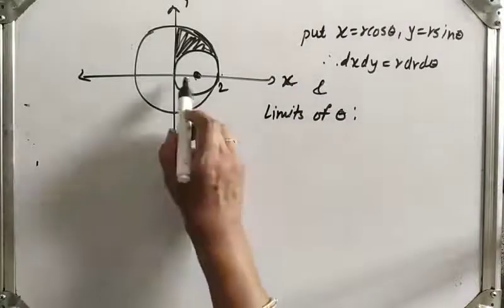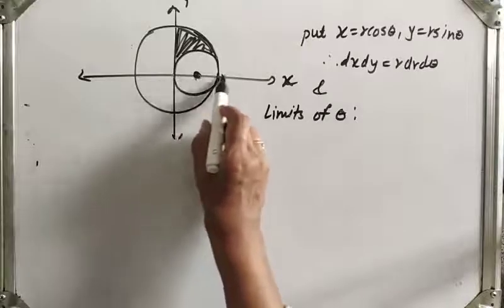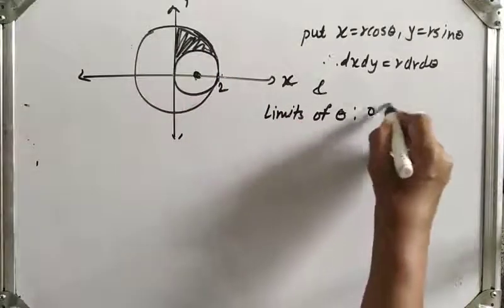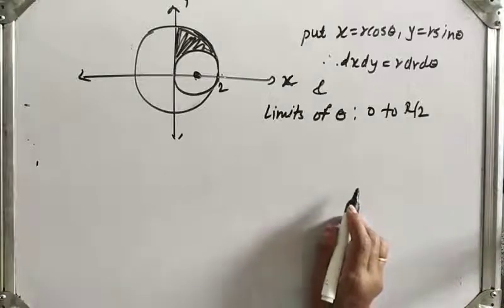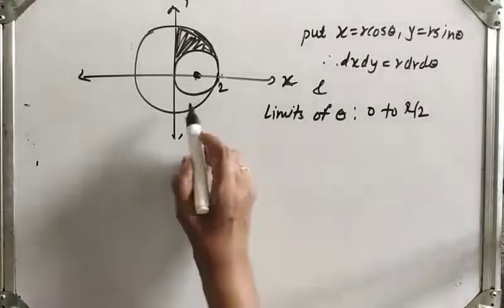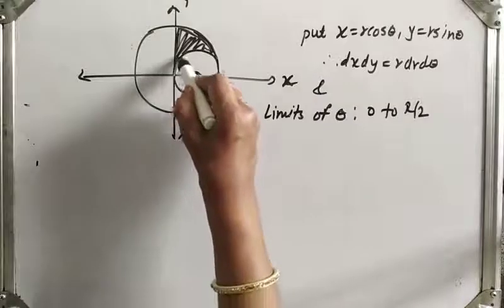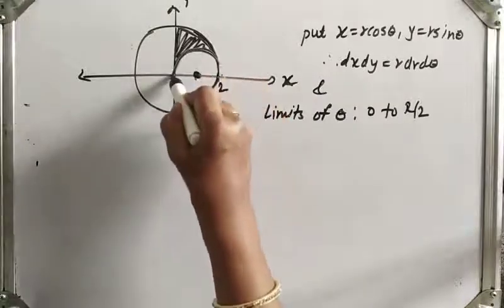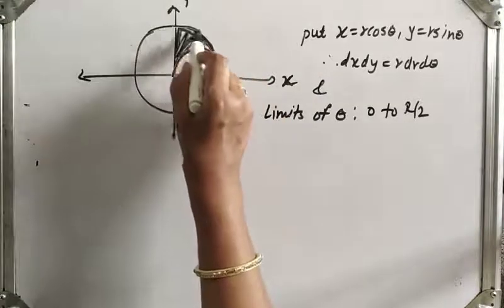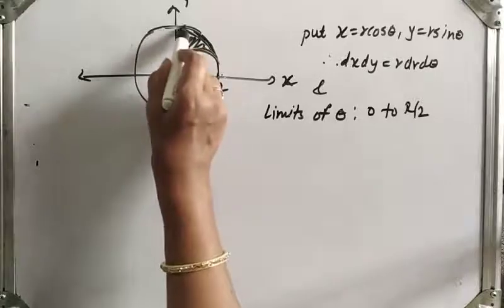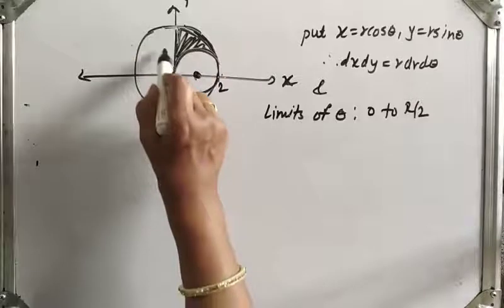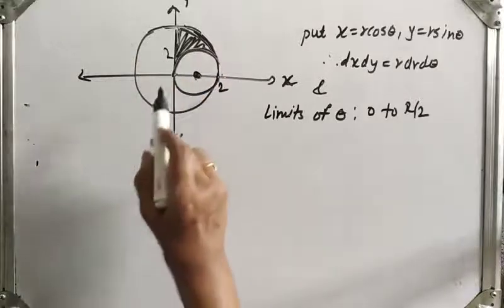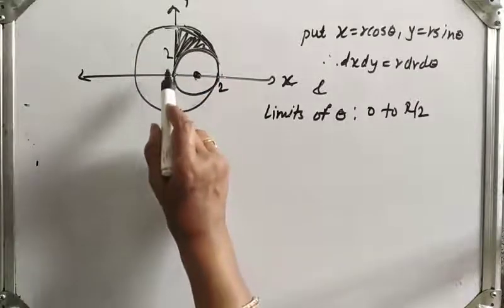It is in the first quadrant, so θ varies from 0 to π/2. For r, the lower boundary is this and the upper boundary is here, where the maximum distance is 2. So the upper limit of r is 2.